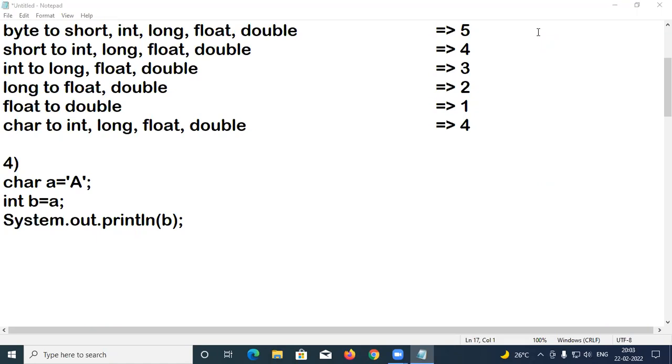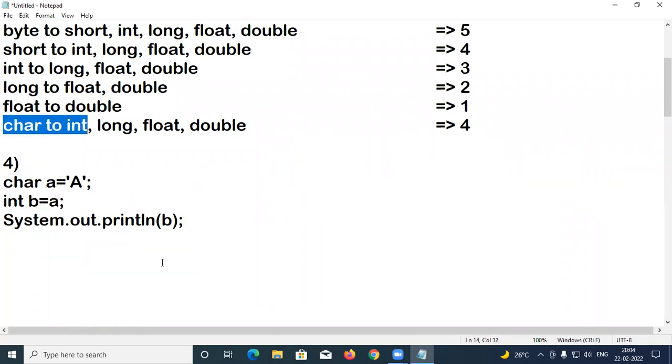Now here char A equal to capital A, int B equal to A, System.out.println B. Okay. And now A is which type? Character type. B is which type? In this line, character to integer or integer to character? Character to integer. It comes under 19 or 23? 19.